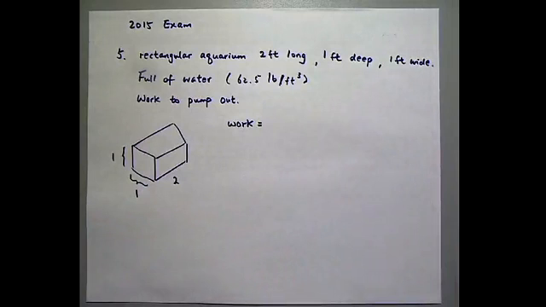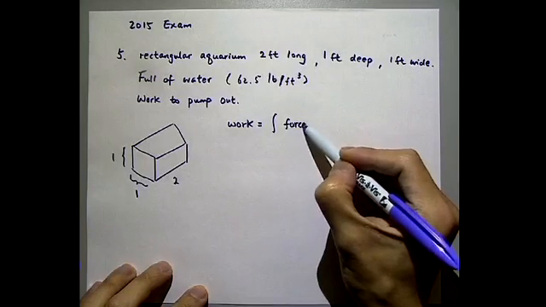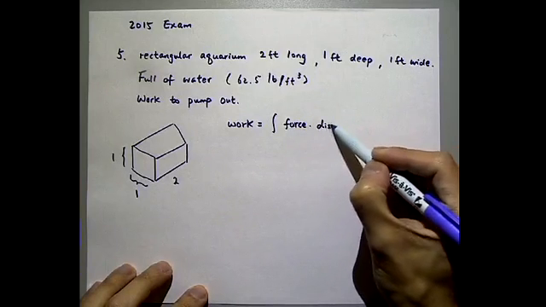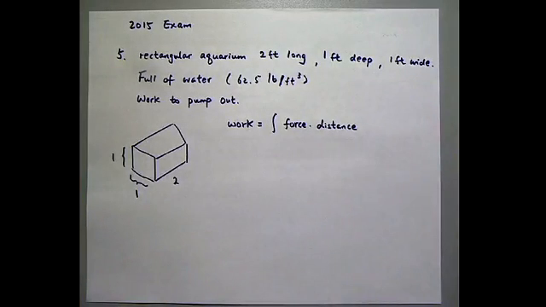Once again, the key equation of work is equal to force times distance. And if you integrate, then you'll get the entire tank. So you start with just one slice and then integrate after you get that one slice set up.